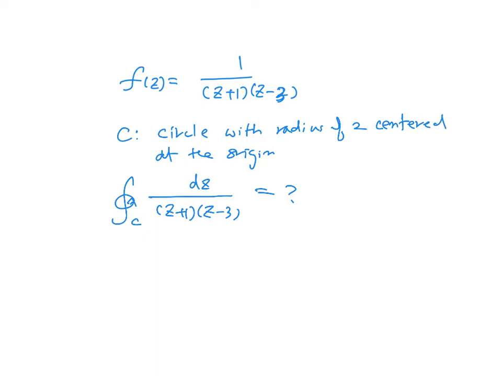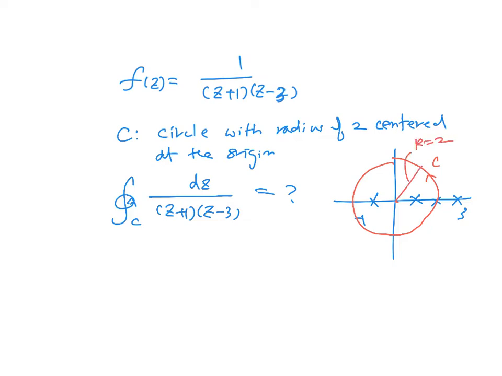So the first thing you have to do is the partial fraction expansion, right? We have 2 points. One is minus 1 and the other is 3, and we have a circle. I'm going to use a red one as a circle, C with the radius 2.